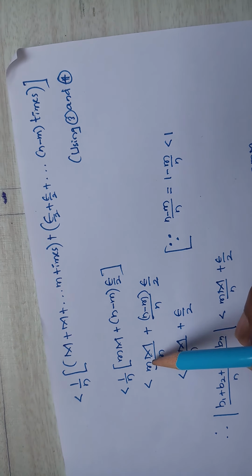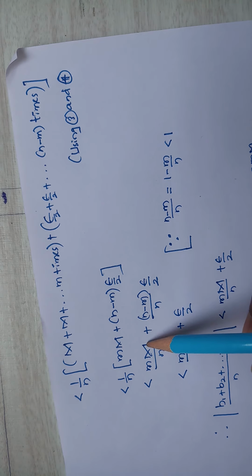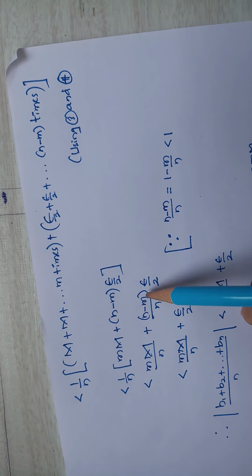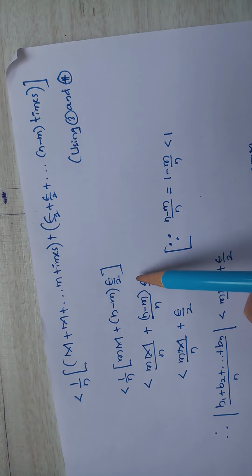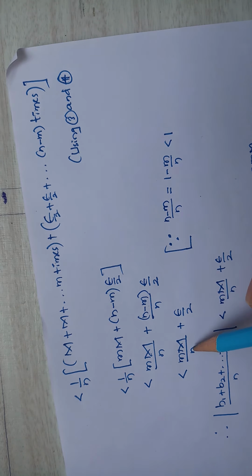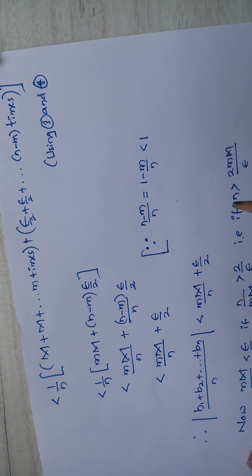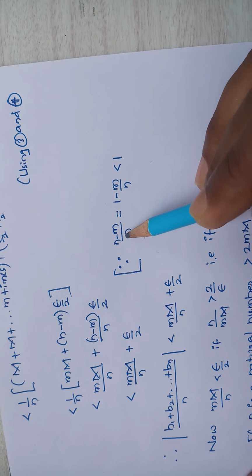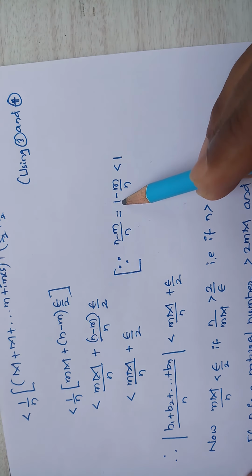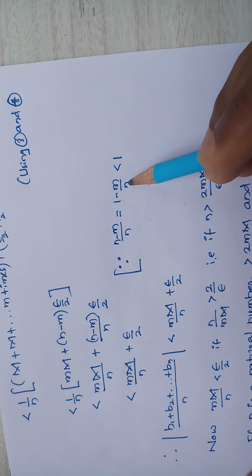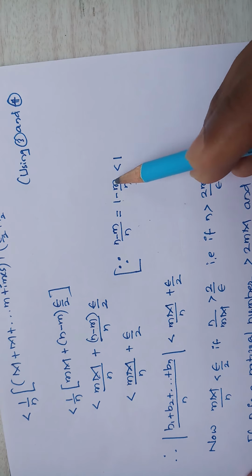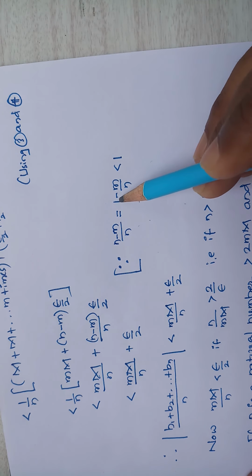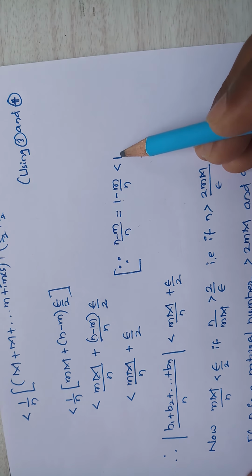So this is less than m into M divided by n plus (n minus m) divided by n into epsilon by 2. So this can be written as m into M divided by n plus epsilon by 2, because here (n minus m) divided by n becomes 1 minus m divided by n, and for positive numbers this will be less than 1.